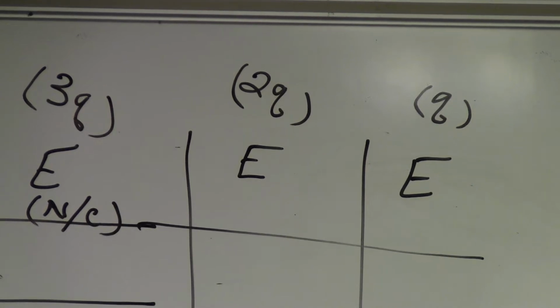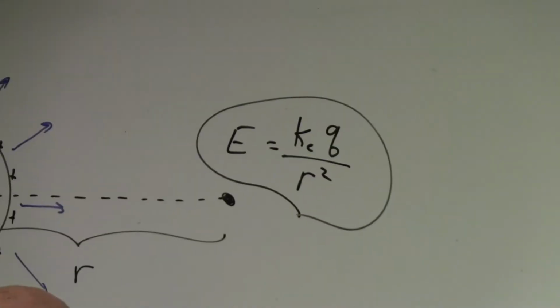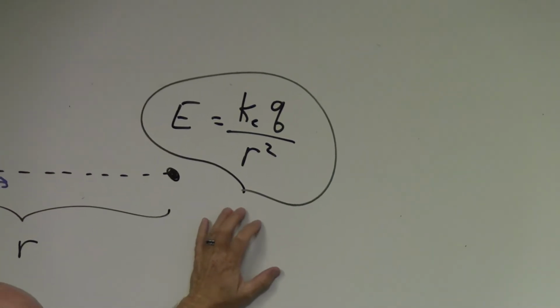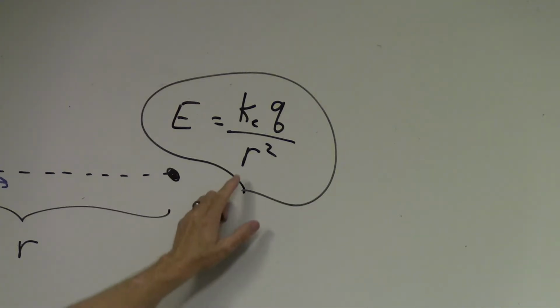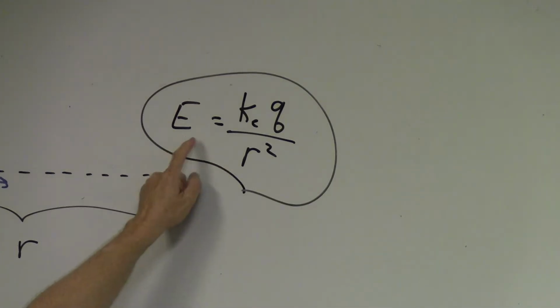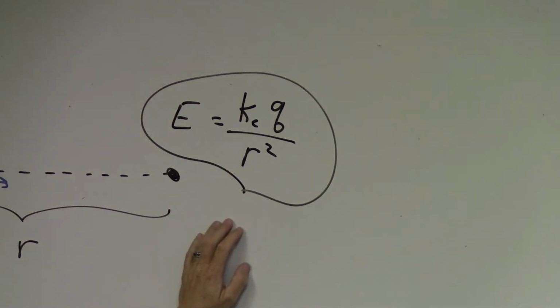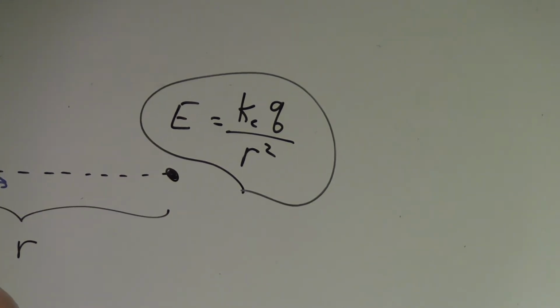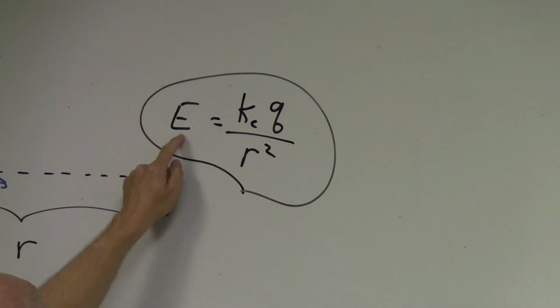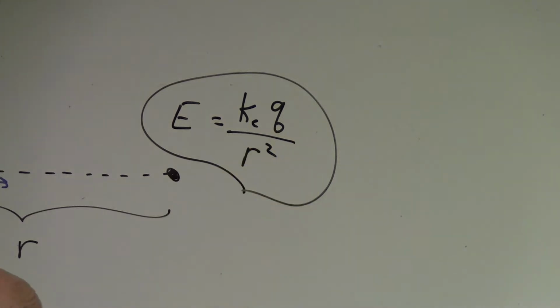Let me come back over here to the equation. Here is the whole purpose then, and I'll say it again. We want to see if this equation is valid. What this equation is saying is that the electric field should decrease according to 1 over r squared. That's why the title of this lab is the inverse square law of electricity. And so that's what this table will be doing. But you'll also see in this equation that the electric field is proportional to the charge.